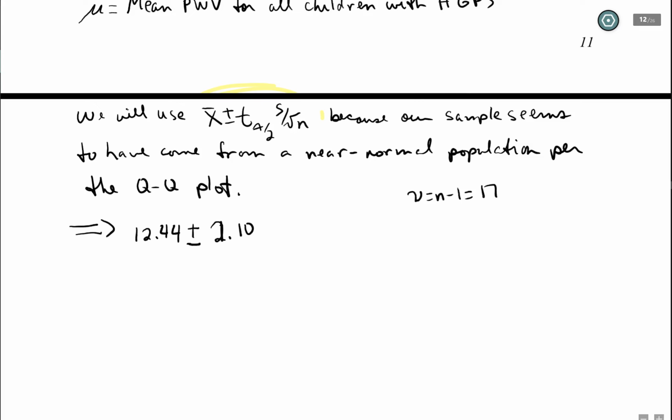In this case, that's going to be 17. If you look up the upper 97.5th percentile, you're going to get 2.1098 for that t percentile. Then times s, which is 3.64, rounding, and divided by the square root of 18. That's going to be the values you plug in there.